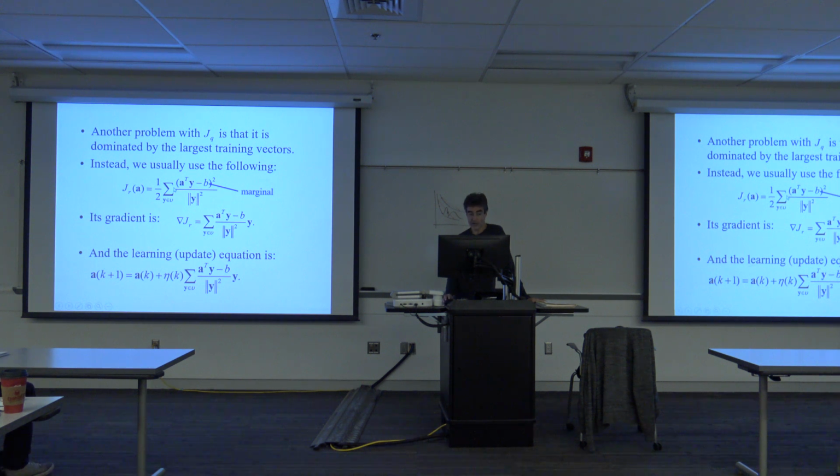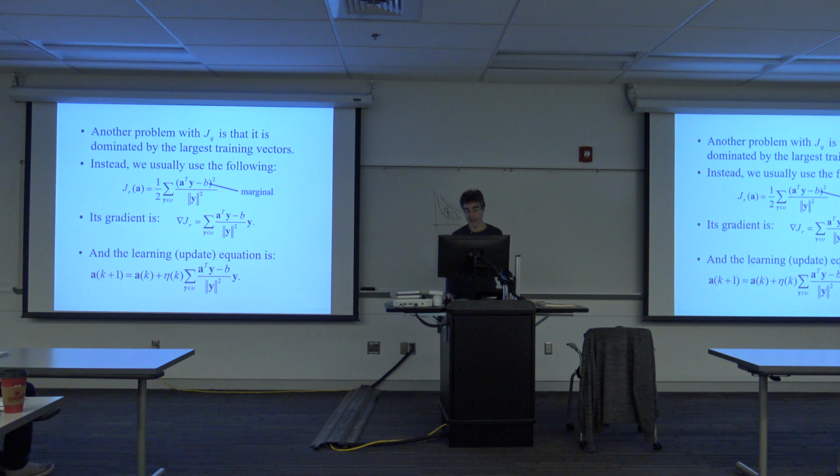Another problem with the criterion that we had before is that it's dominated by the largest training vectors, right? Remember that we mentioned that especially when we talked about PCA and LDA, that with the square loss, when the samples that are farther away are squared, they have so much more relevance.